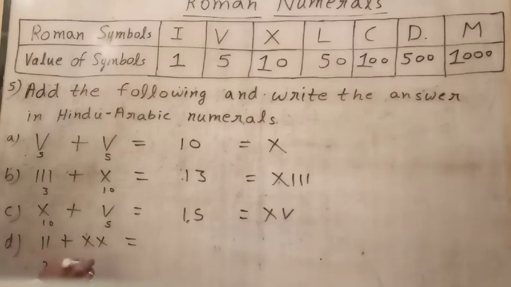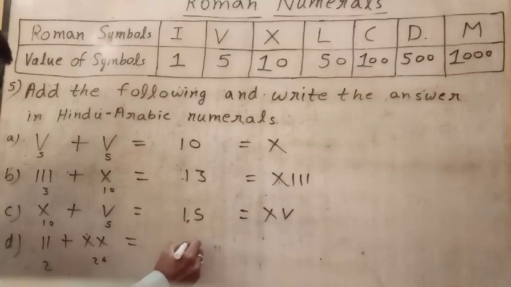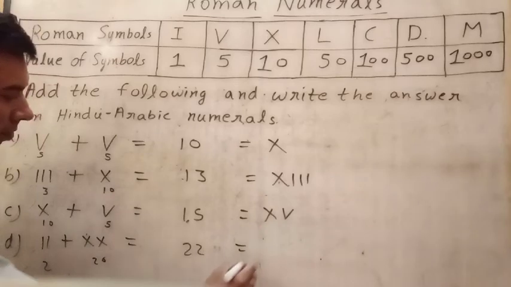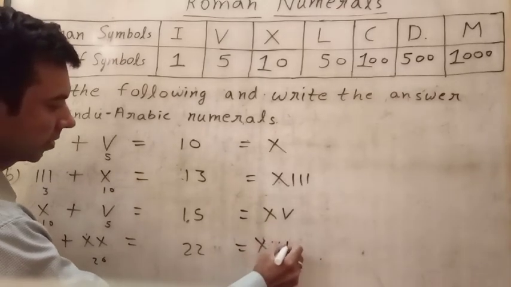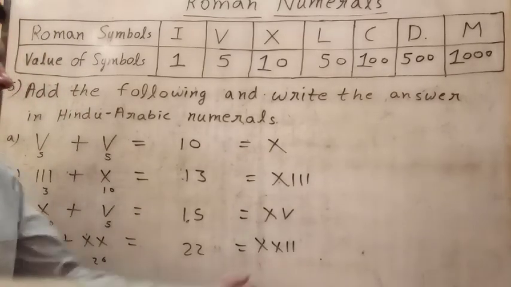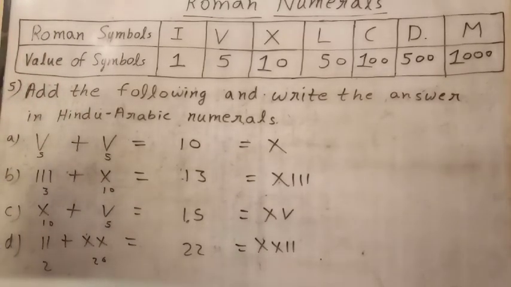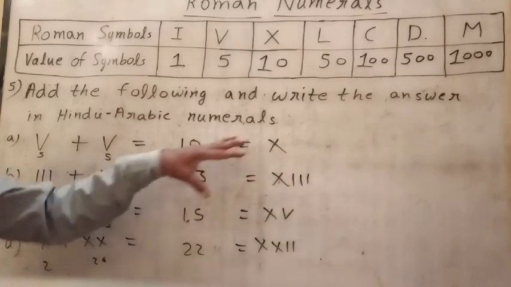And see, XX is 20. So the sum is 22. And the correct symbol is XXII, 22. So this is the correct way to write the symbol.